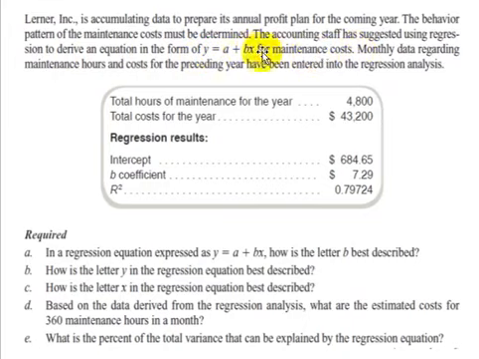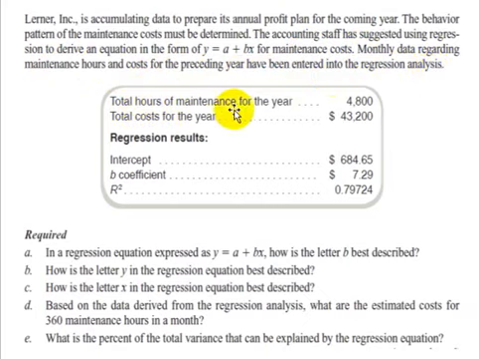So y is the total maintenance cost, and x is maintenance hours. So the independent variable is maintenance hours and the dependent variable is the maintenance cost. Monthly data for the preceding year have been entered into the regression analysis.